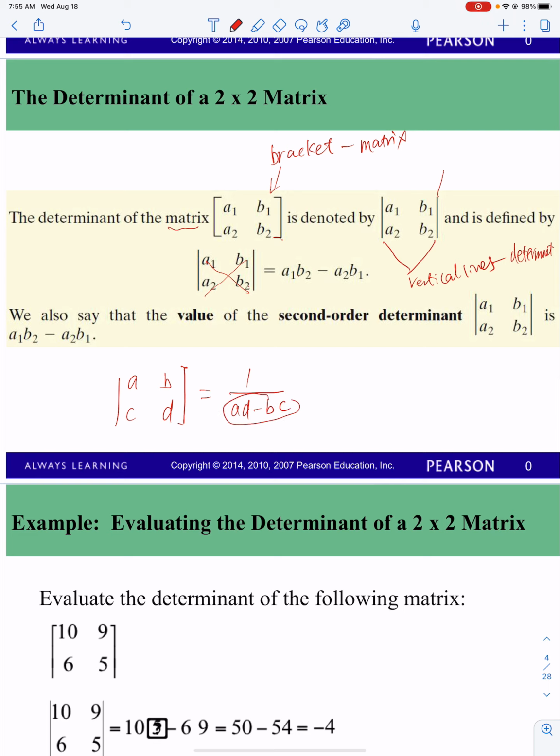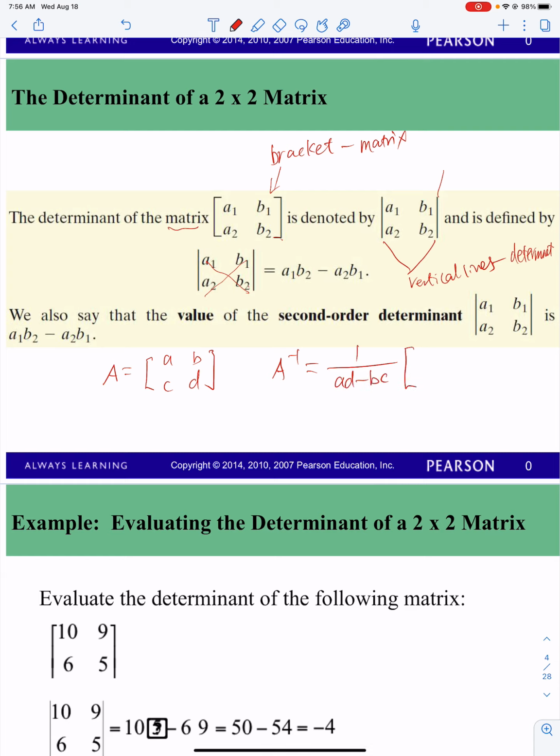So A inverse we have 1 over AD minus BC.